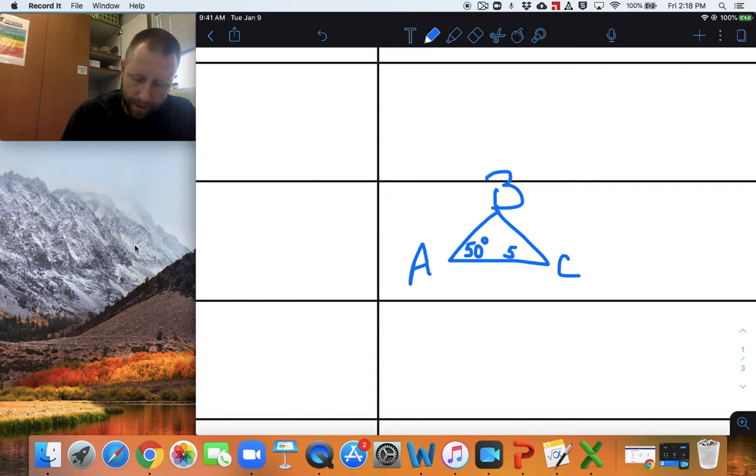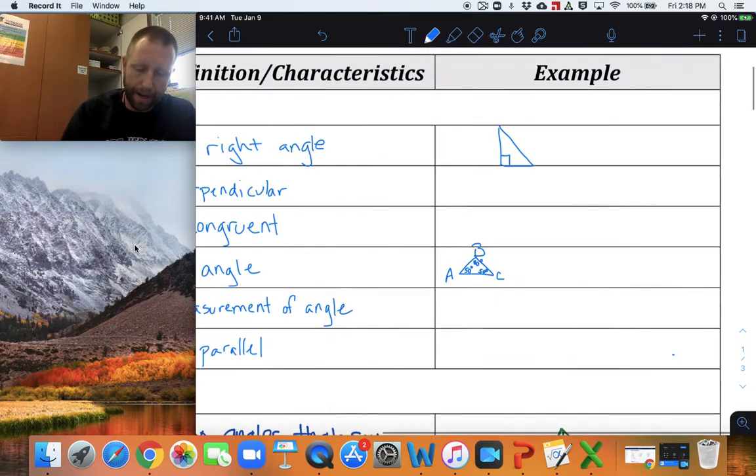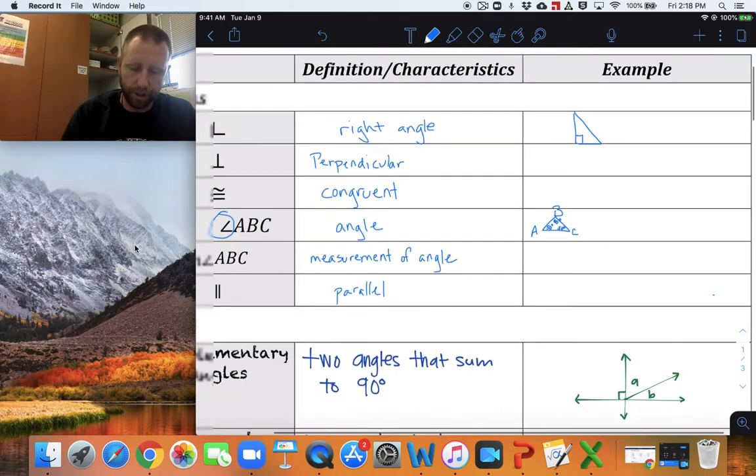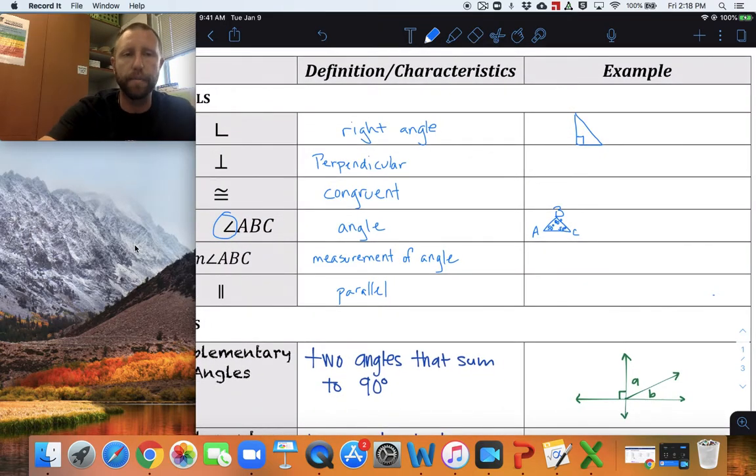This one is 50 degrees, which would leave 80 degrees for this one. Okay, if they were to write out a question using that angle symbol, let's say angle B equals, you just need to put down what the measurement for angle B is.